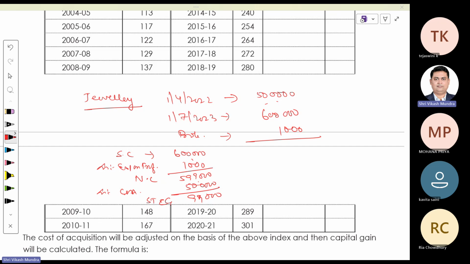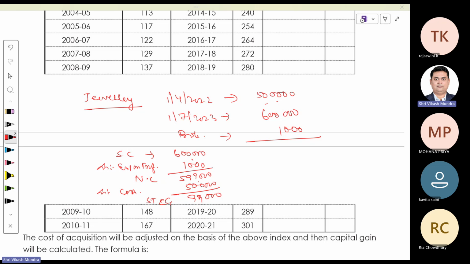All assets are treated as capital assets, whether tangible, intangible, movable, or immovable. However, a list is given, and these listed assets are not considered capital assets. Number one, stock in trade. Number two, personal effects.